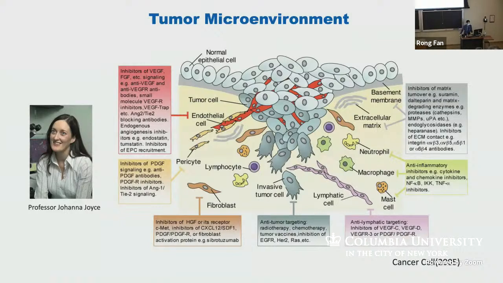I think Joanna wrote a review or perspective article more than 15 years ago, showing the tumor vasculature and the immune infiltrates and the lymphocytes and the different tumor subtypes, invasive versus dormant, which really form a well-defined spatial interaction network.